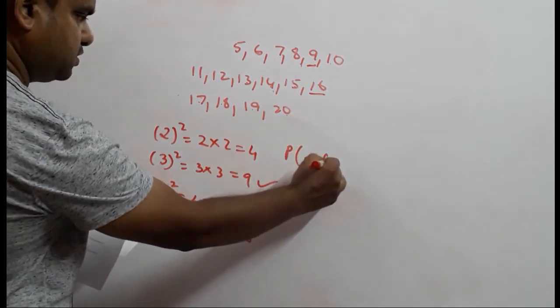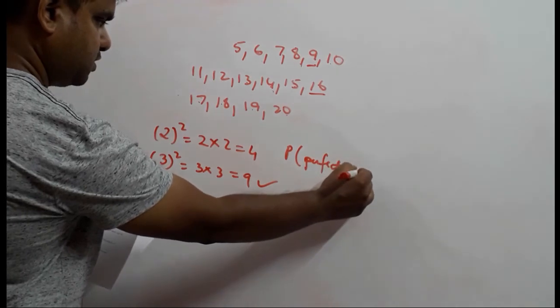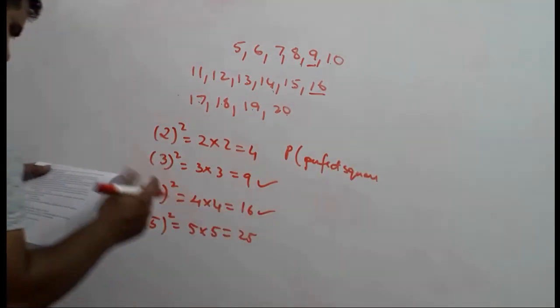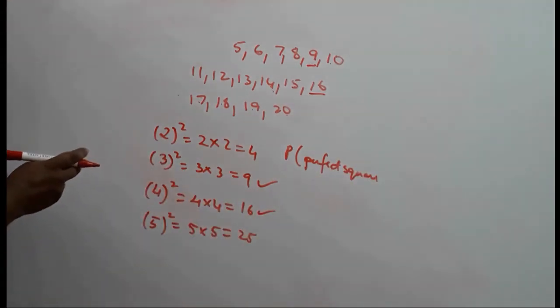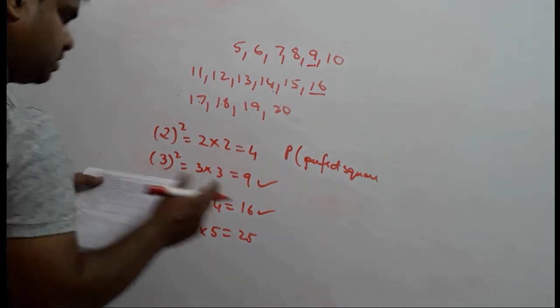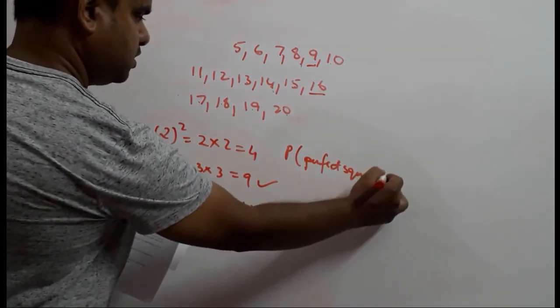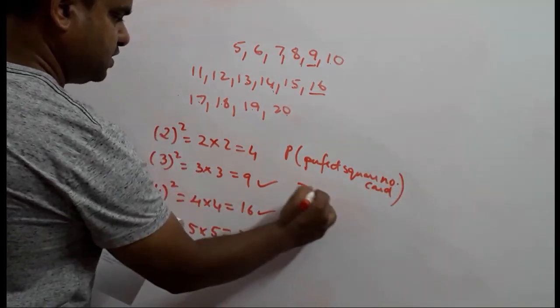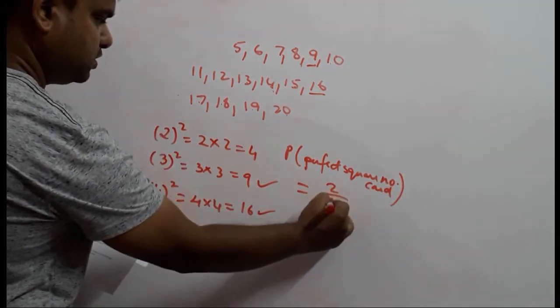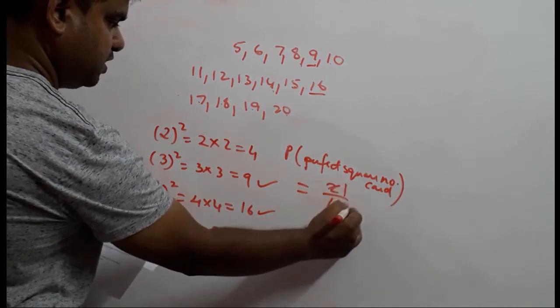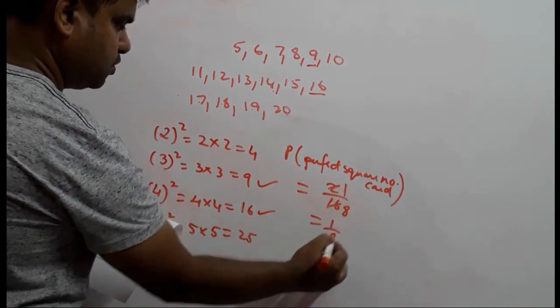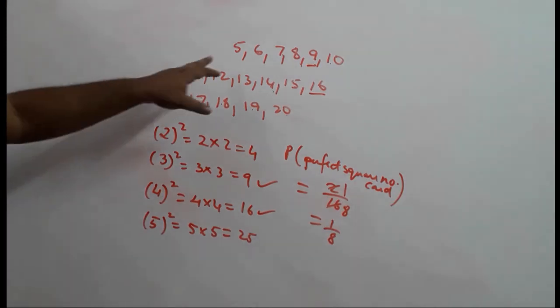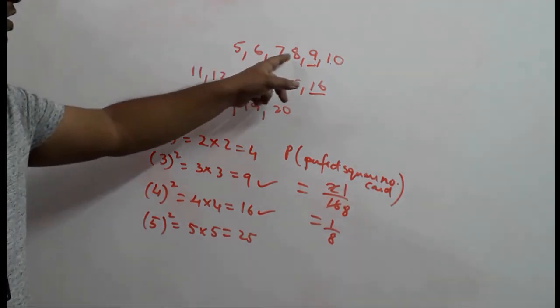So the probability of getting a perfect square number card is equal to 2 upon 16. So this will be 1, 8, and that will be 1 upon 8.